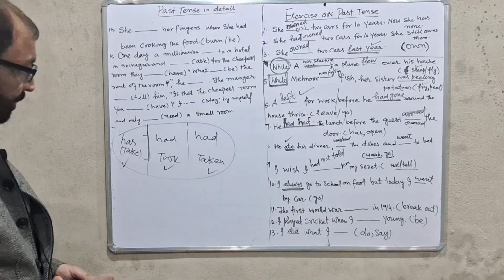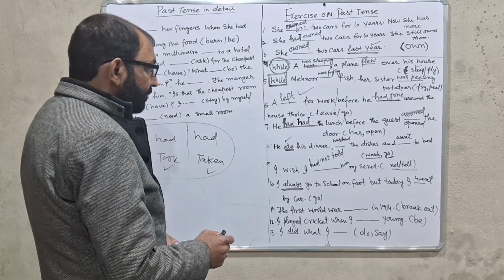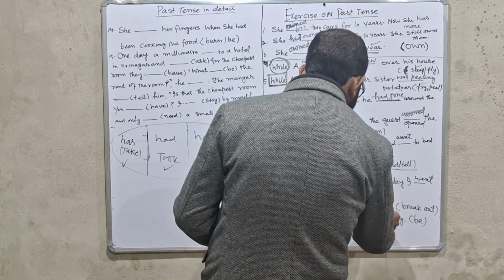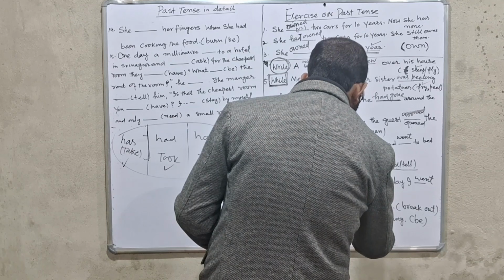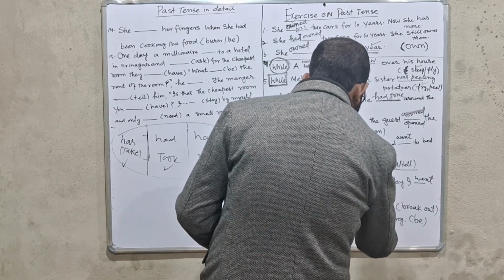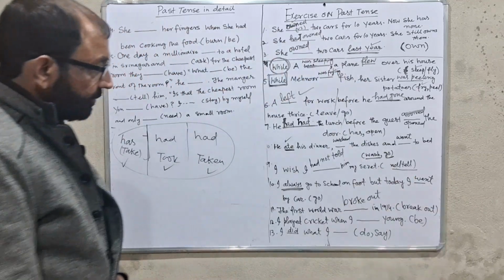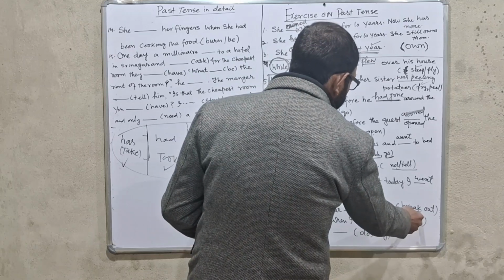Point number 11. The First World War in 1914. Second form, break out. Second form is broke out. Remember, when there is a phrasal verb, the first part is the main part, that is the verb, break.